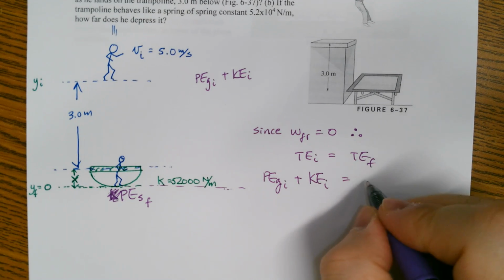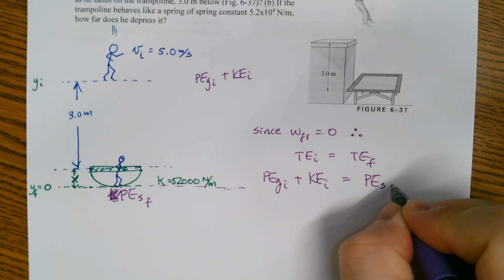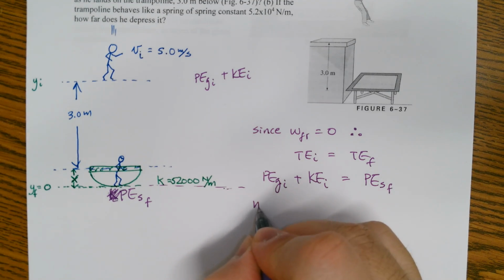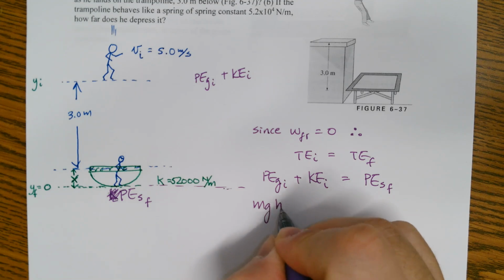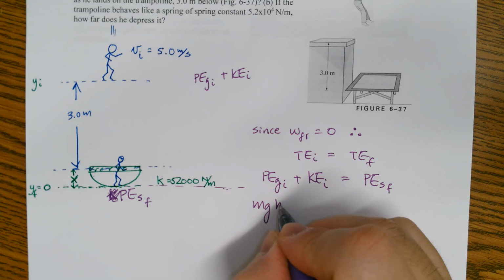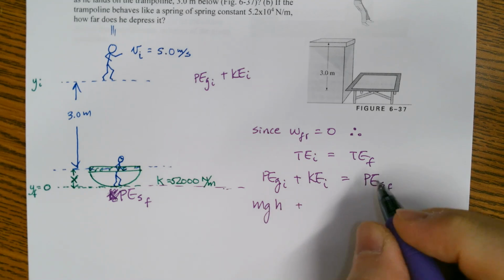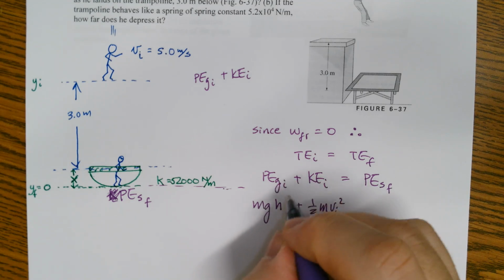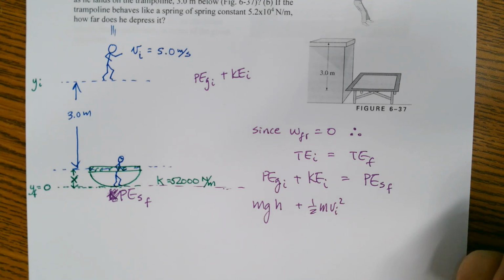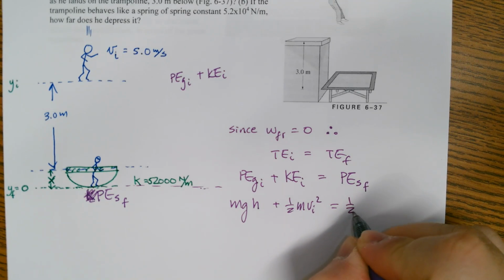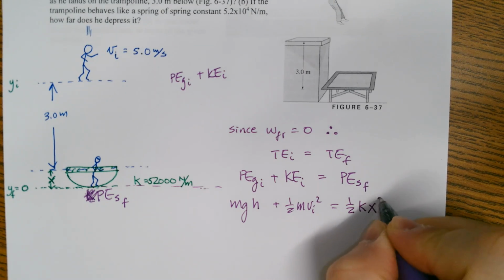For final, I have only spring potential energy final. So mgh, or you could say y initial if you want to, plus 1/2 m v initial squared, is equal to 1/2 k x squared.